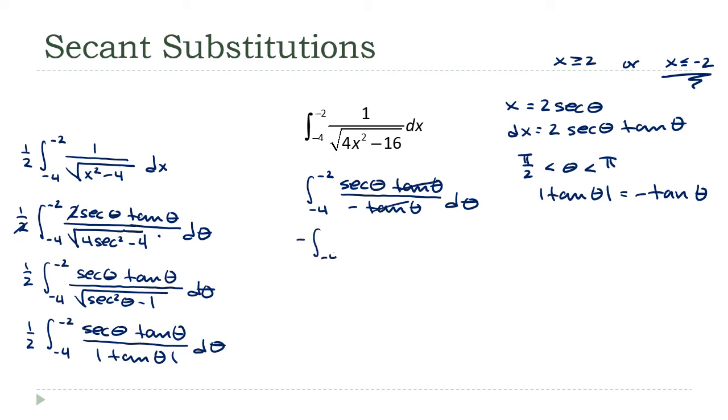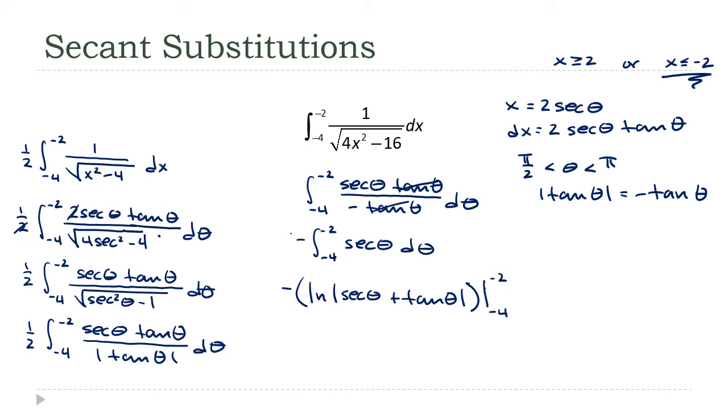Negative integral from -4 to -2 of secant theta d theta. And just like we had on the previous slides, we know what this integral is. This is negative log of the absolute value of secant theta plus tangent theta. No constant this time because it's a definite integral from -4 to -2.